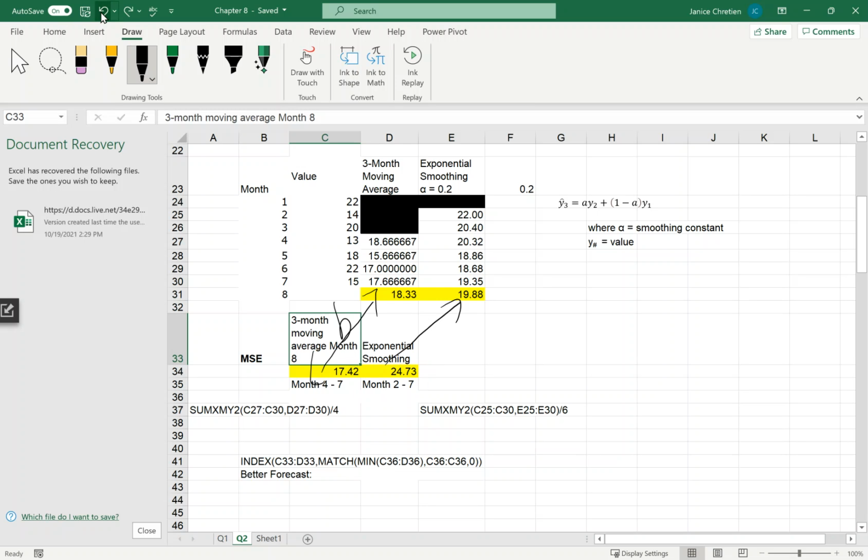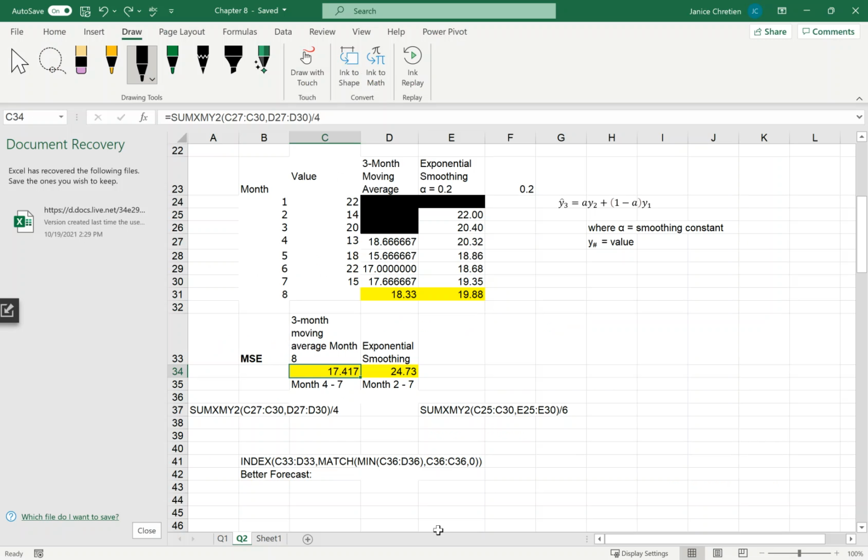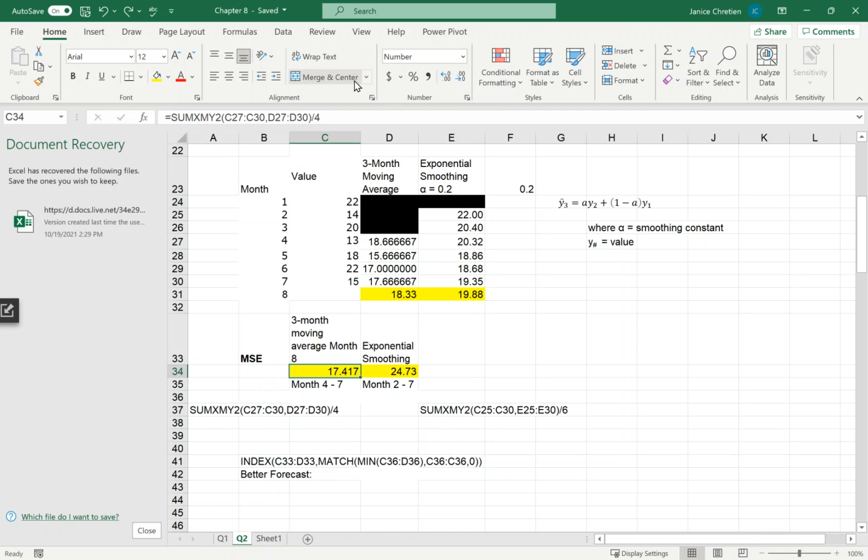So we have B and B. I keep saying D. I'm sorry, it's C. Then it wants us to compare these two MSEs and determine which one is the better forecast.